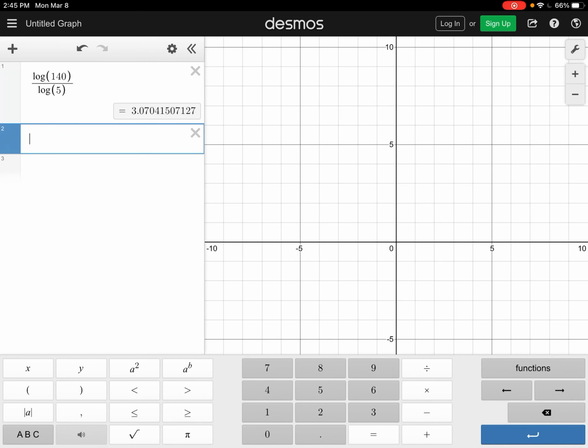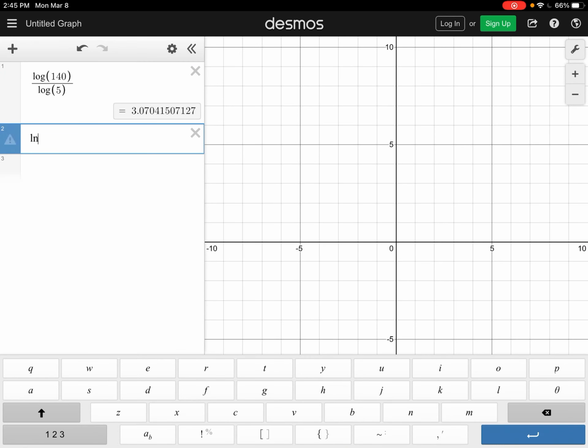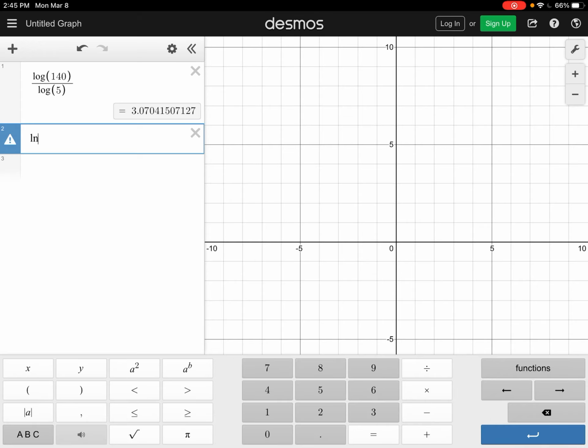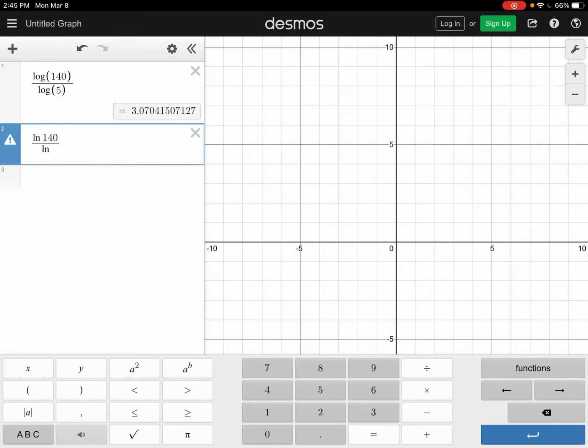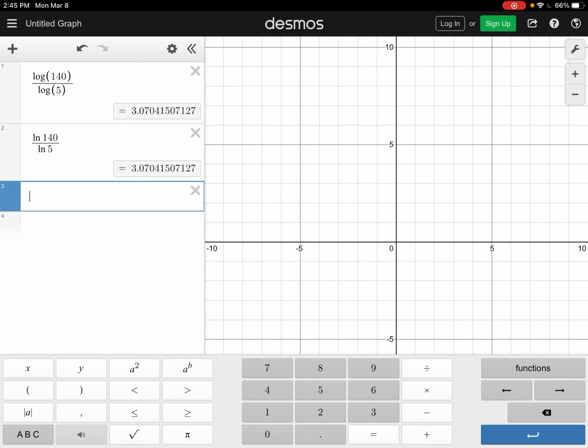Type that in. So if I type ln, I wonder if it comes up. ln, no. 140 divided by ln of 5. So I get 3.07 again.